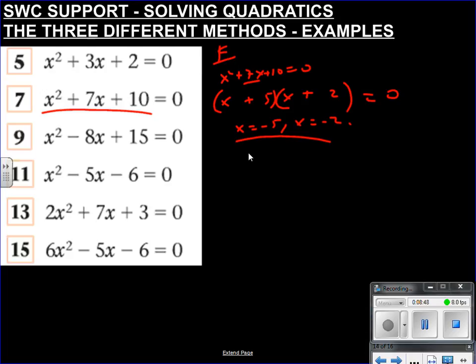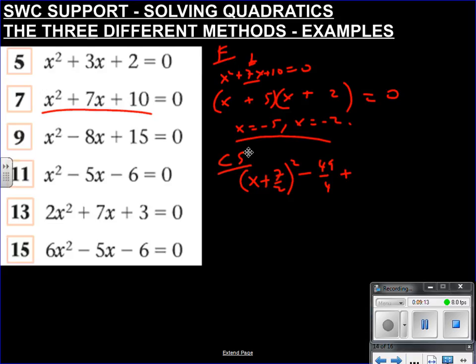Okay? Factorizing is your first port of call because it's the quickest. If it looks like, no, I'm not sure how to factorize that, complete the square or use the quadratic formula. So let's go complete the square. So x squared plus 7x: I'm saying x plus half the number next to x, so half the number there, minus whatever that thing is squared, so that's minus 49 over 4, plus 10.